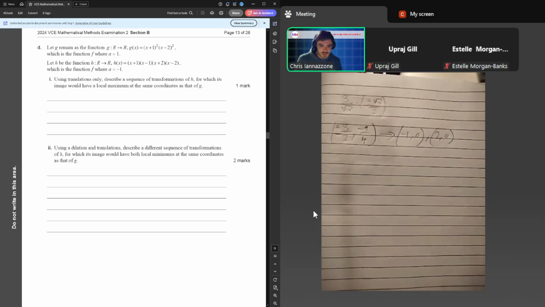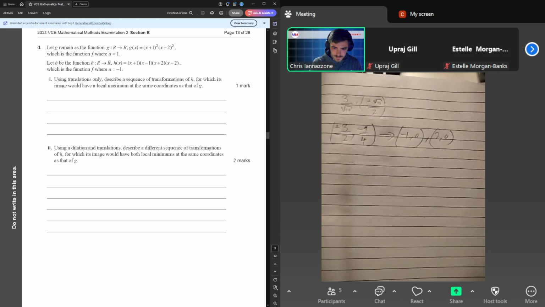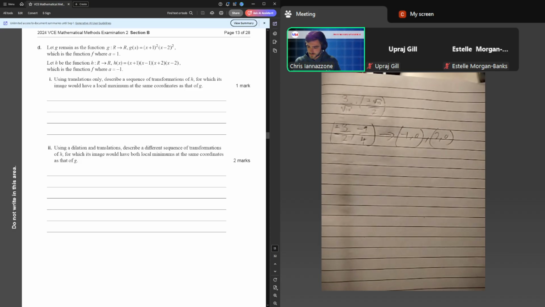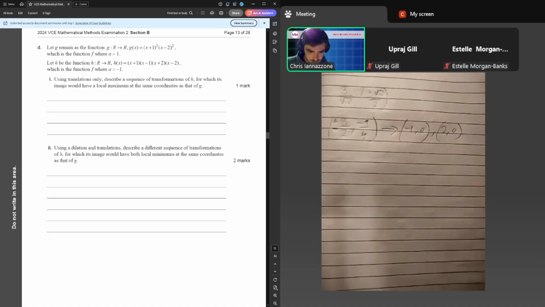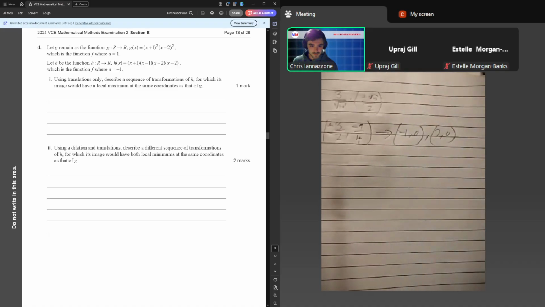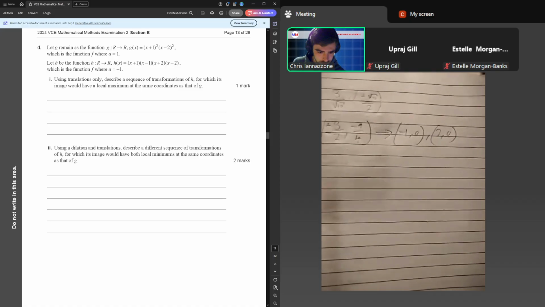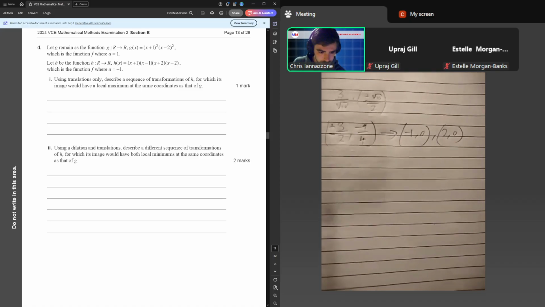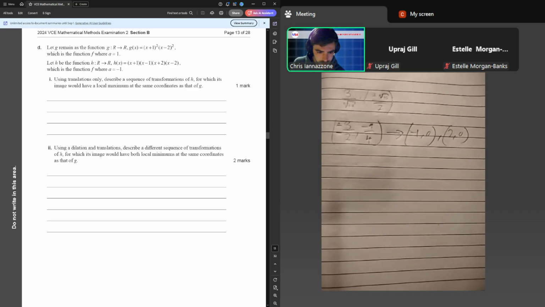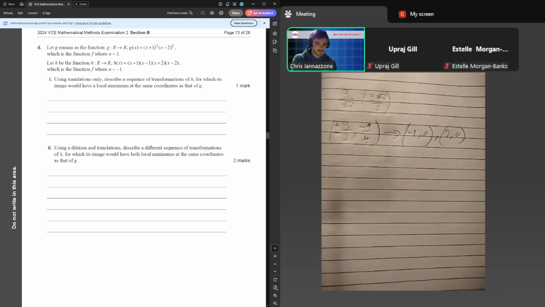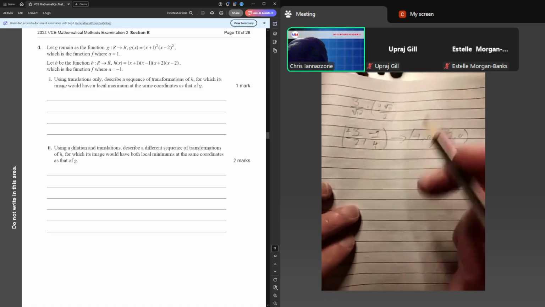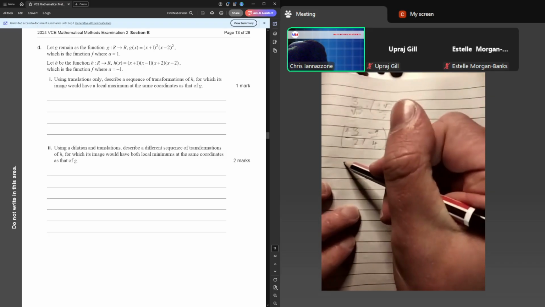What's left over as far as translates go? Maybe I'll even separate this one so it's a bit obvious which one maps to what.